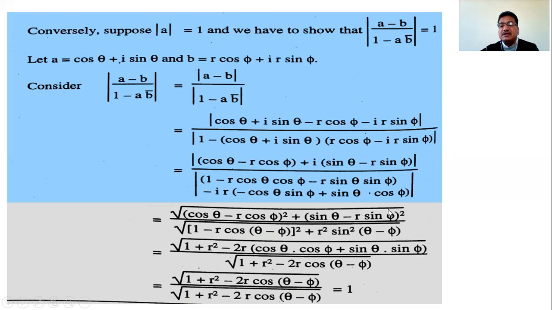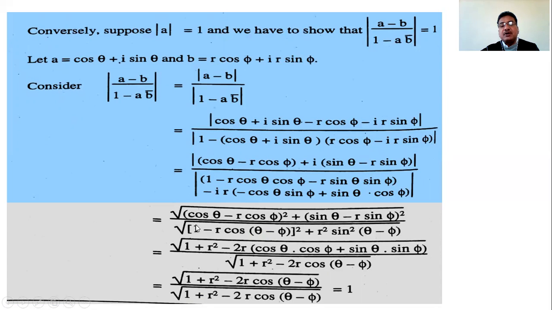Its square is sin square theta, this is r sin square phi, and that is equal to 1. cos square theta plus sin square theta is 1, and then r square cos square phi plus r square sin square phi is r square, because sin square phi plus cos square phi is 1. Minus 2r, take minus 2r as common, then we have what? cos theta cos phi minus sin theta sin phi.